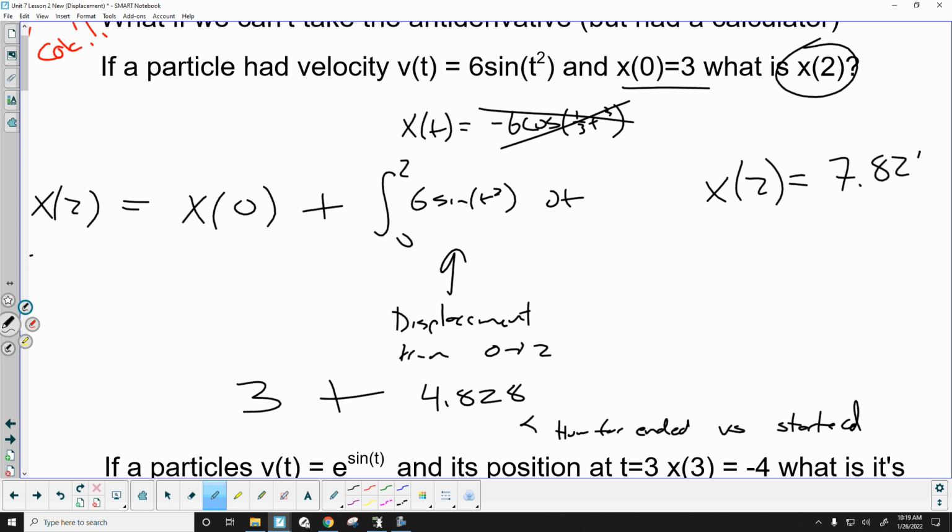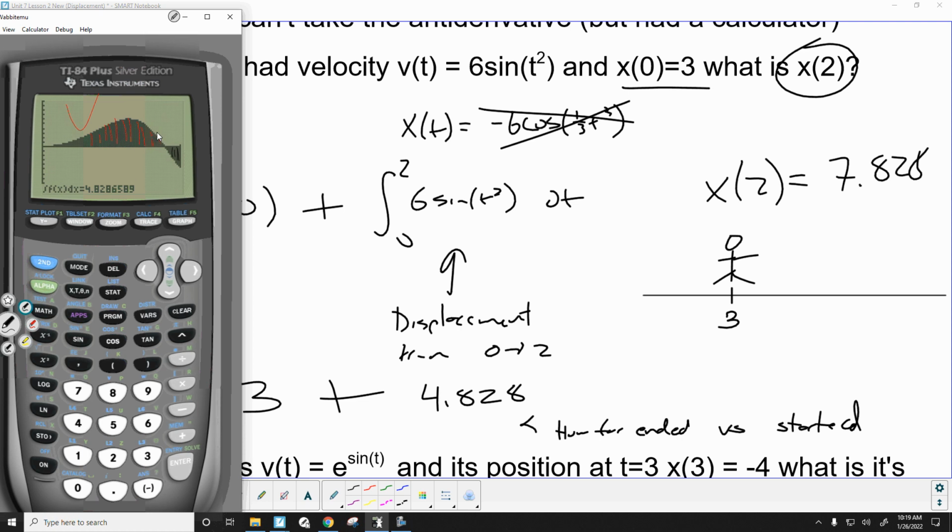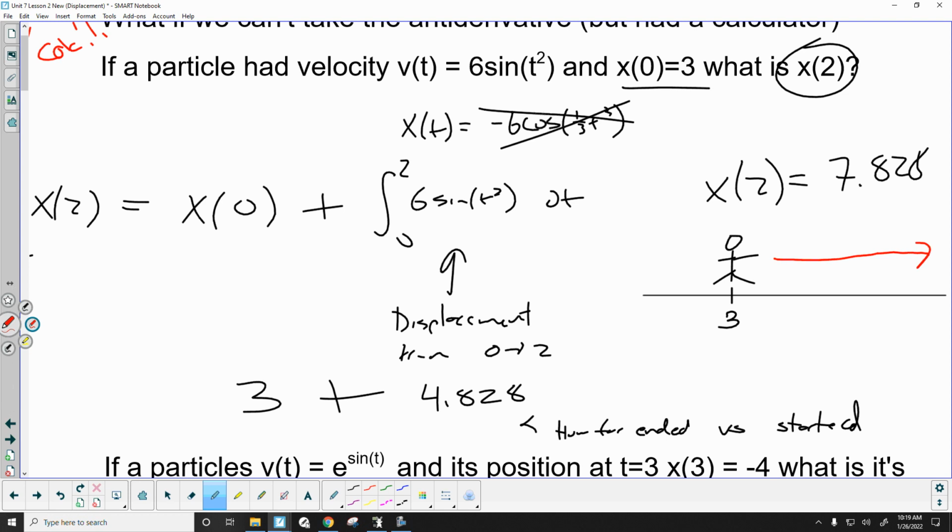7.828. Now, what's important is understanding, and we will do more analysis in the future of, okay, the dude started at a position of 3. The dude's velocity is positive until this value. In the future, we will find that value. On your homework, you will find that value. If you found the area from 0 to that value, you'll figure out how far you've traveled right.